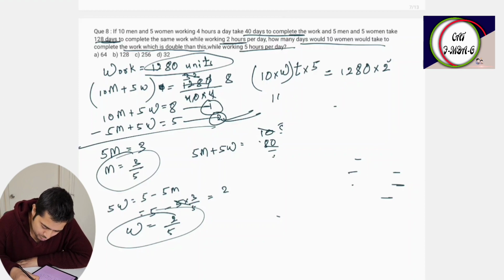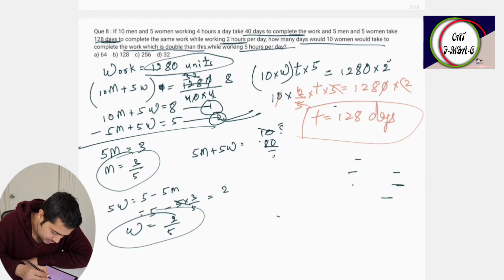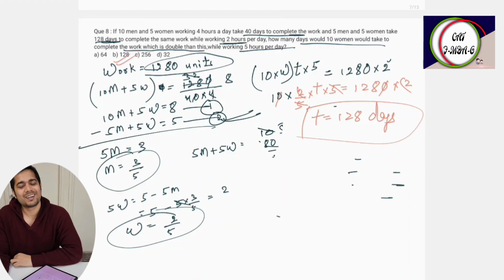So 10 into 2 by 5 into T into 5 is equal to 1280 into 2. 5 5 get cancelled, 2 2 get cancelled, T is equal to 128 days. Let me check the option. Yeah, option number B is the right answer.